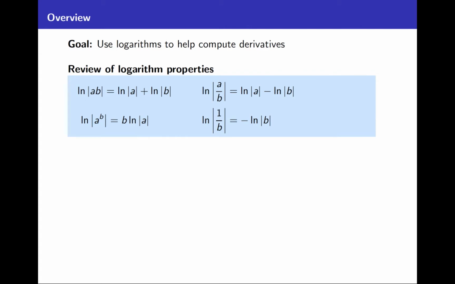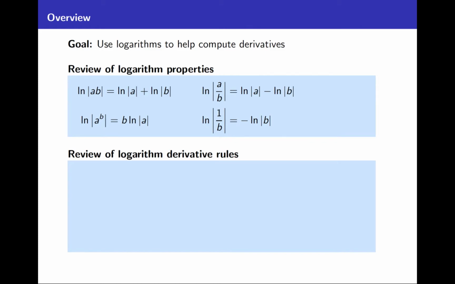We also know how to differentiate logarithms, and I want to remind you of those formulas, the review of logarithm derivative rules. Remember that the derivative of ln of the absolute value of x equals 1 over x.